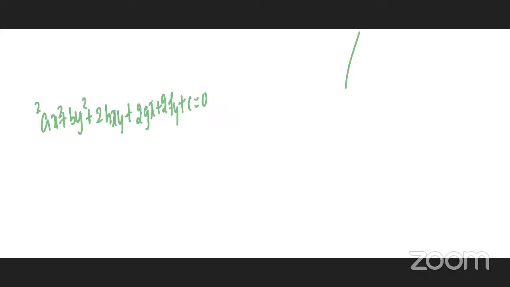Let us say my equation is ax² + by² + 2hxy + 2gx + 2fy + c = 0. This is my equation.